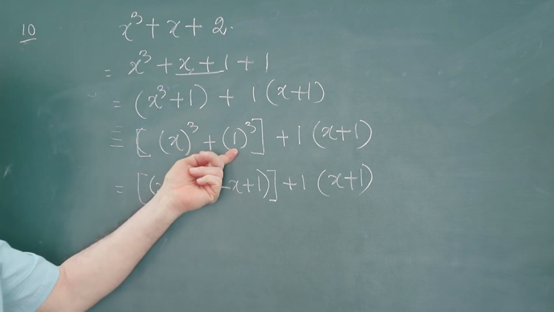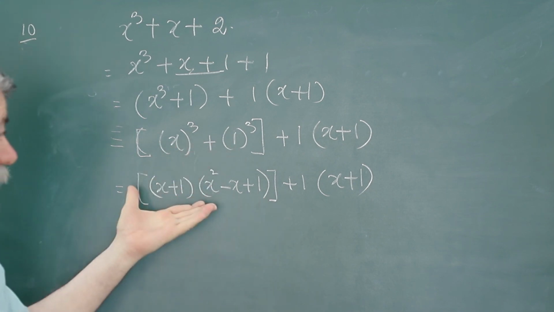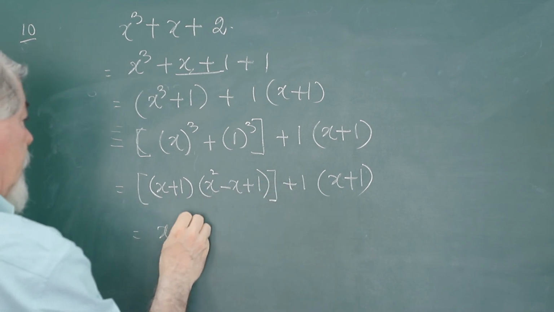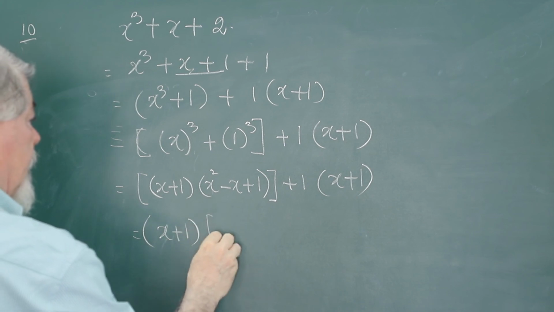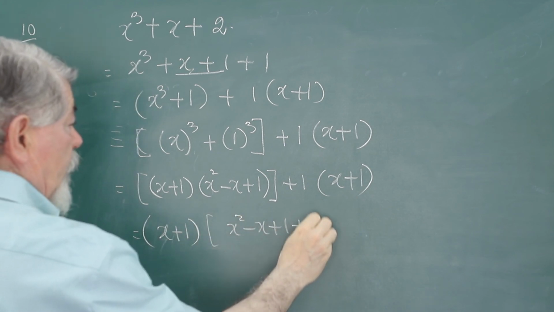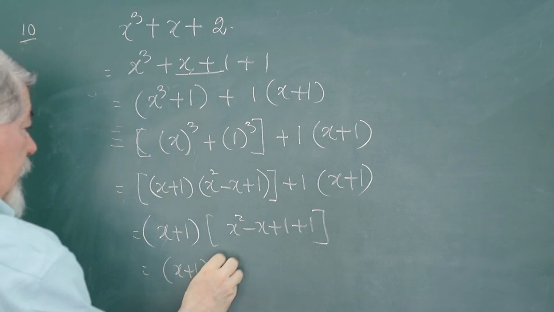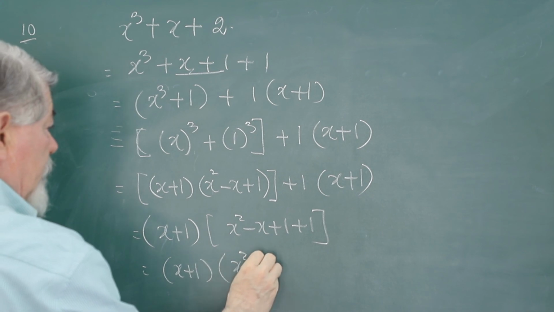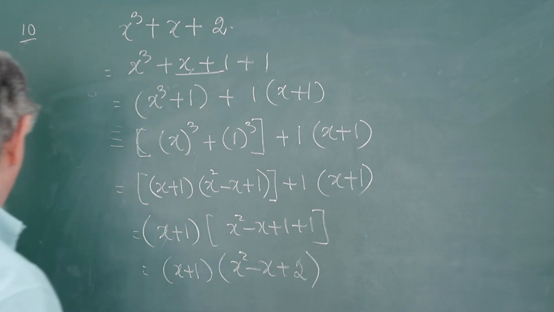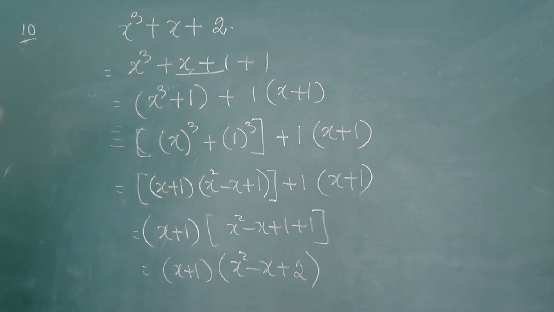A cube plus b cube has factors a plus b, a square minus ab plus b square. Out of these two, I take x plus 1 common, and what will be left? X square minus x plus 1 plus 1. So that will be x plus 1 into x square minus x plus 2. 1 plus 1 is 2.